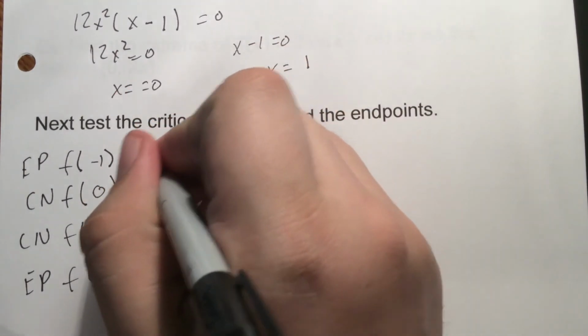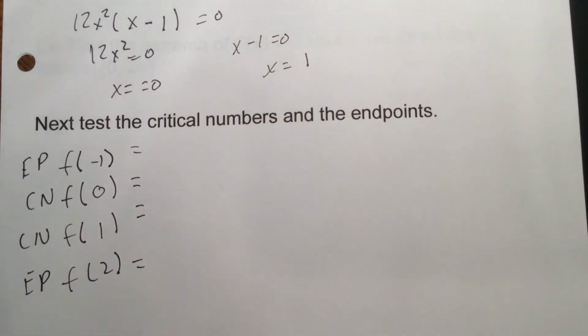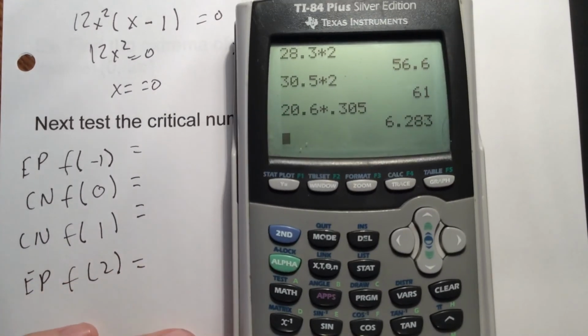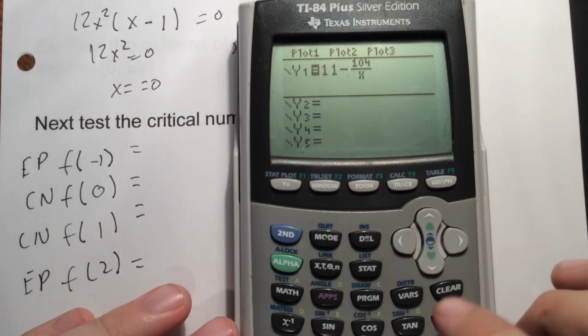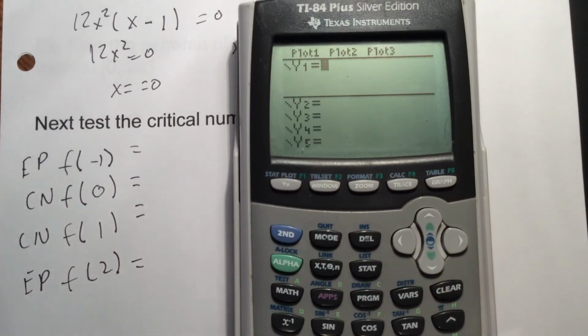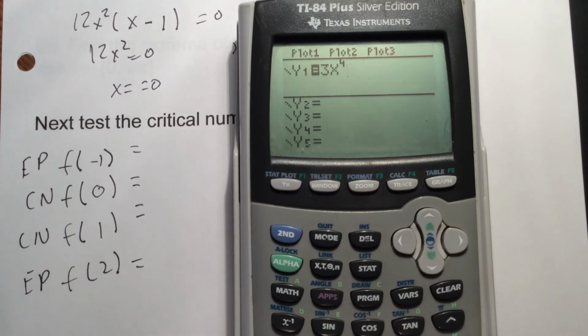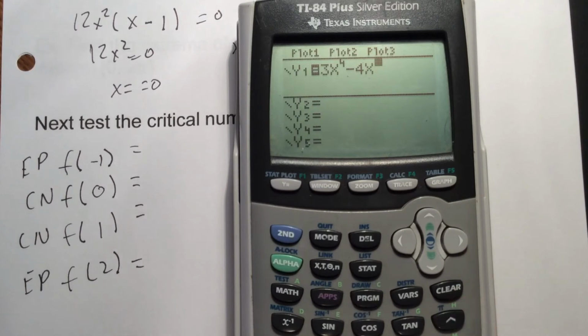So if you put those in, the easiest way is, if you have a graphing calculator, to put this in your y equals. So I'm going to clear out anything that I have here, and we're going to put this in. 3x raised to the 4th minus 4x raised to the 3rd.